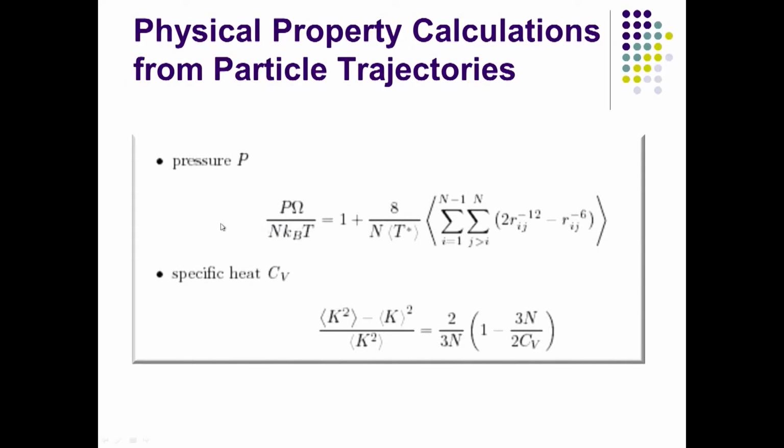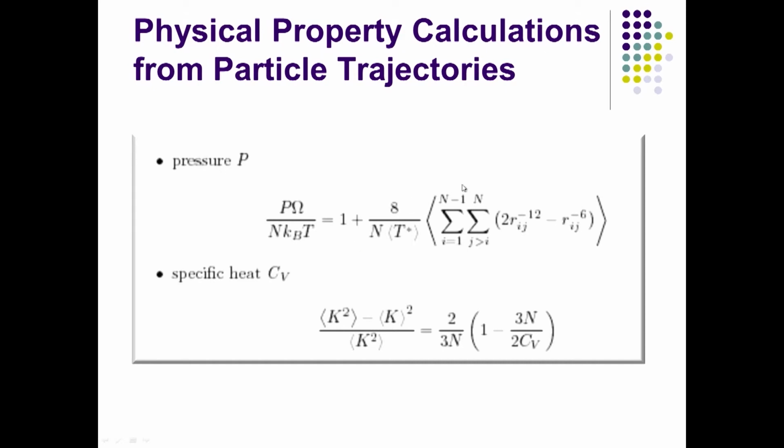Now, if you look at the pressure for the pair potential, then there is also some simplification. Omega is the volume, and n kBT essentially provides you the baseline energy of the system. So, if you look at P omega over n kBT, you can see the pressure related with the equation of state, plus 1 plus 8 over n T, where T is the temperature.